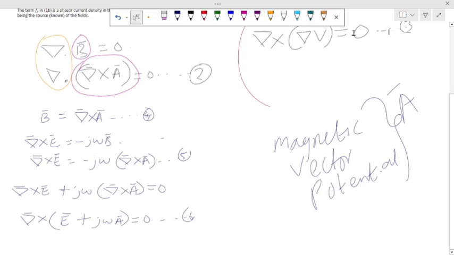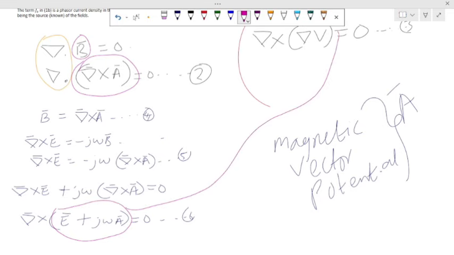Curl of everything here equals 0, right? Meaning you can link it like this, saying this is the same thing as this, because curl of this is 0, curl of this is 0. Is that clear? This will now give us equation 7 by saying this is therefore equal to this. So let's go and do that.